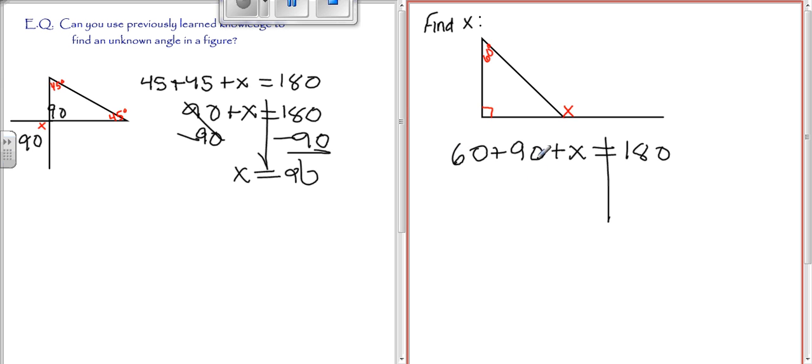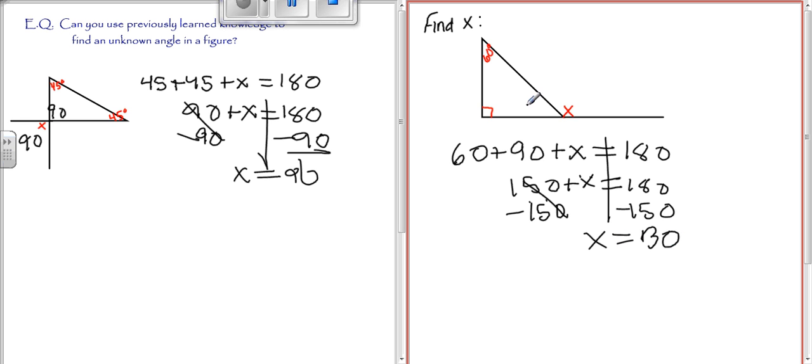All right, 90 plus 60 is 150 plus x equals 180. Minus 150 from both sides, x equals 30.